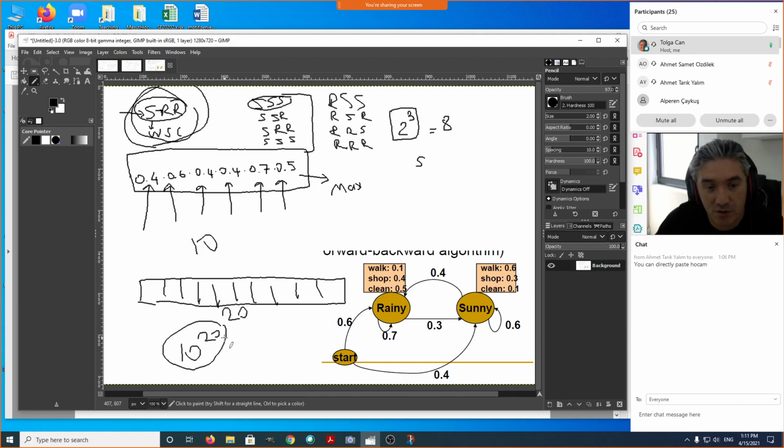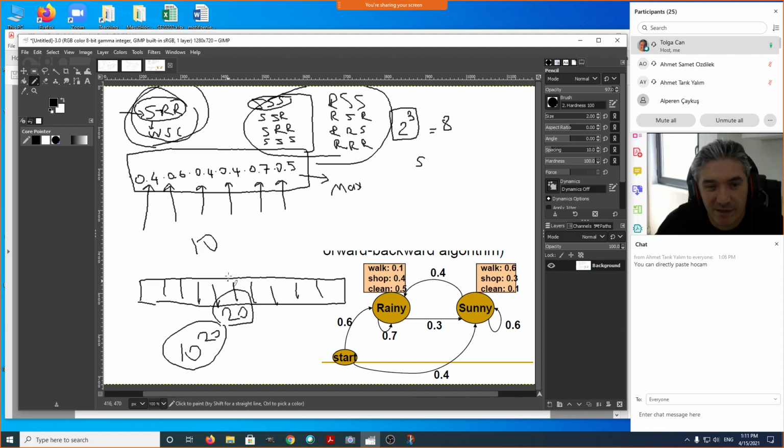And usually we model these even for longer time points and more than 20, and the number of states may be more than 10 in many cases. So such an exponential approach, looking at all the possible outcomes, may be infeasible. So we don't do it like that.